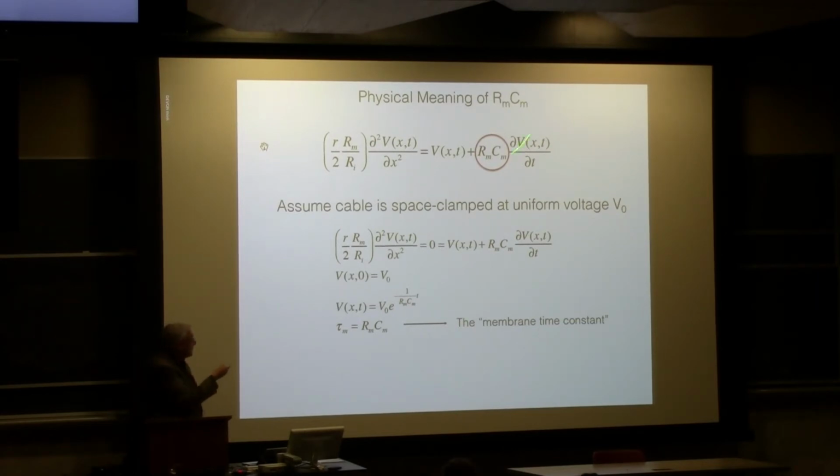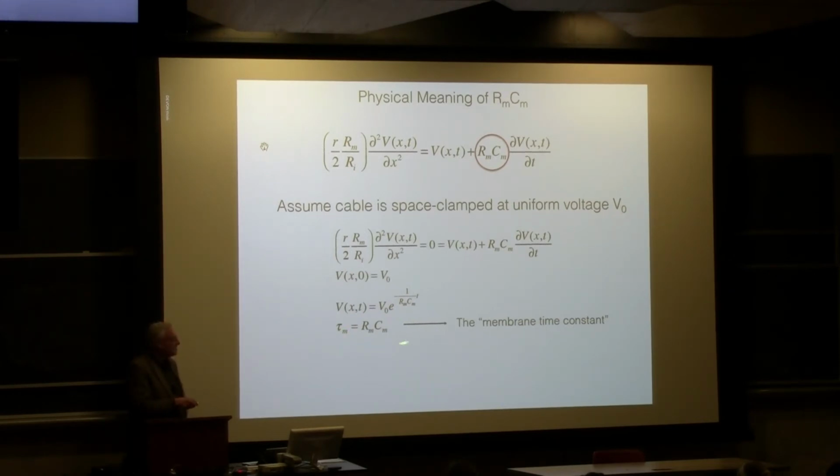So that's what this term is. It's known as the membrane time constant. We're going to call it tau. Remember I said in the last lecture that we're going to think of normalized space and normalized time when thinking about dendritic signal processing and these cable equations. We've just got our first time normalization factor.